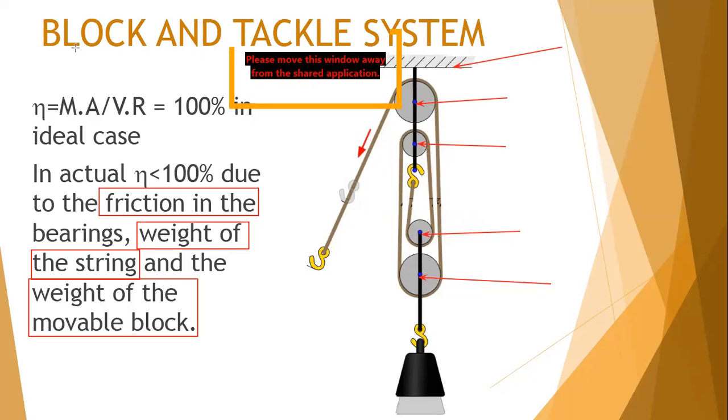So understand, in actual your MA is less than VR, and your efficiency is less than 100%, and that is only due to the friction of the bearings, the weight of the string and the weight of the movable block. So this is how we can easily find out the MA and VR.